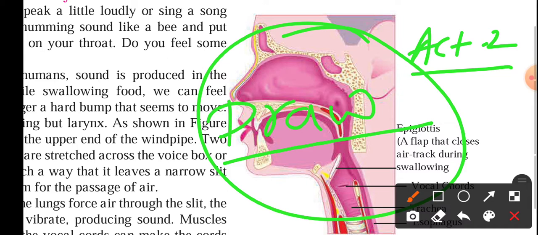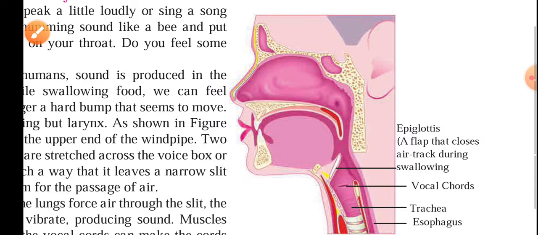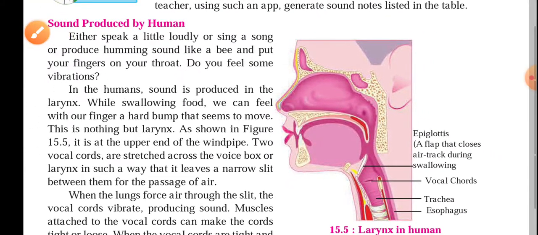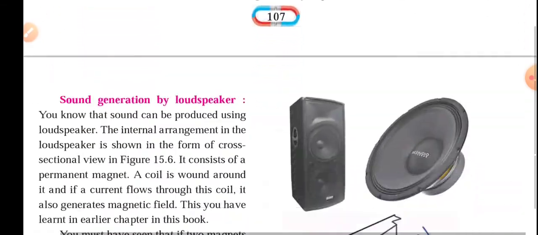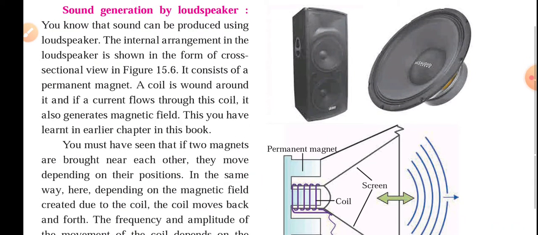Further, the next part is sound generation by a loudspeaker. In loudspeakers there is also vibration. As we already studied, vibration is needed; even in speakers the production of sound is possible because of vibration and some more techniques.